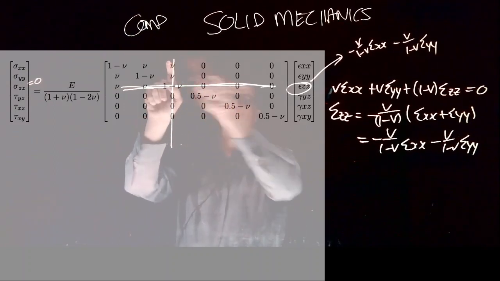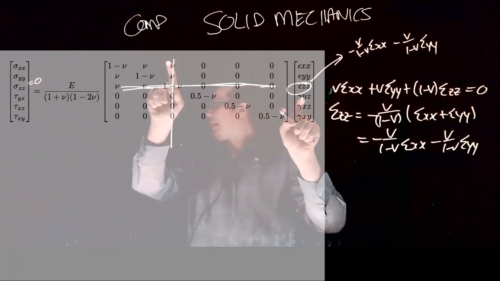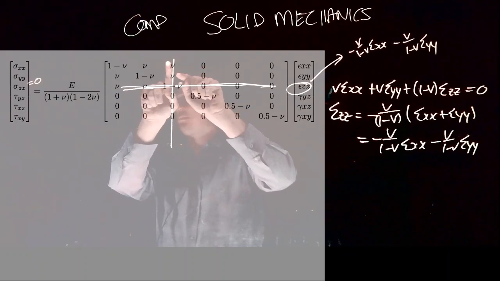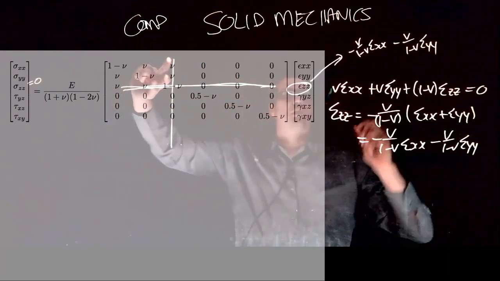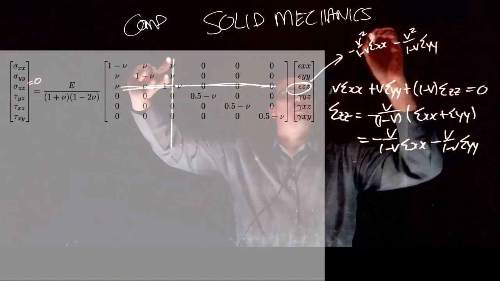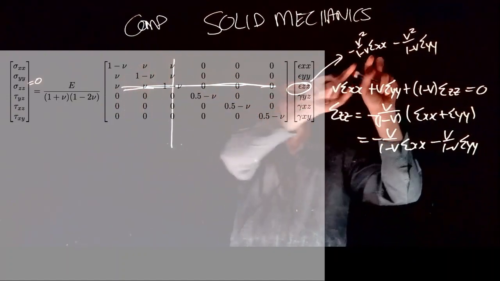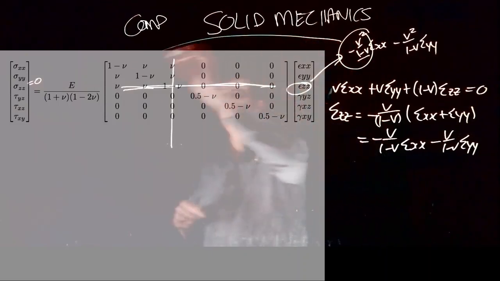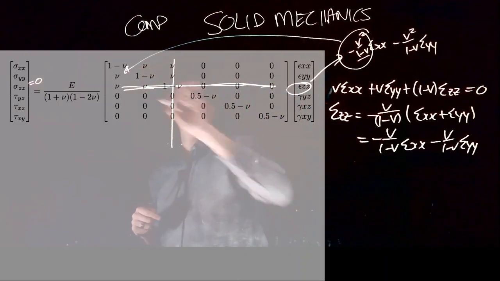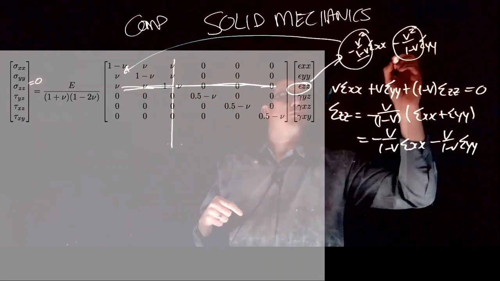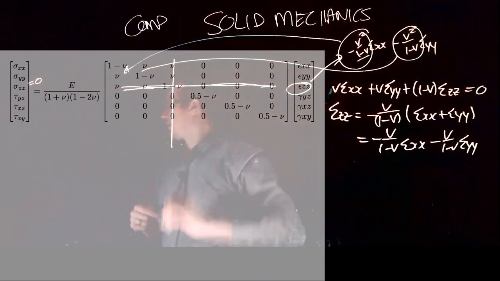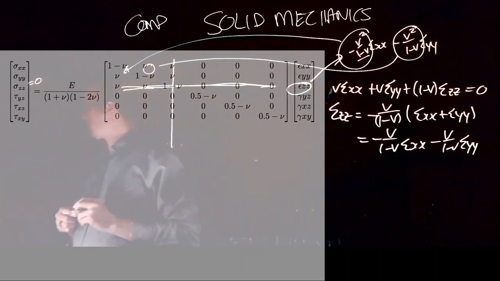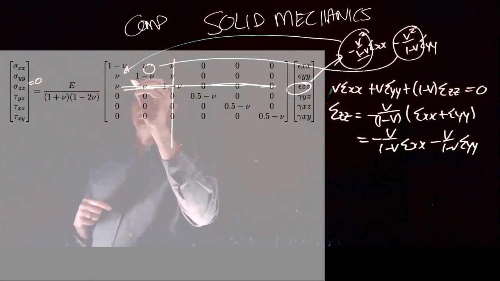This is the column that would have multiplied with epsilon zz, and I see that this one and this one multiply with the same thing, a Poisson ratio. So if I take a Poisson ratio squared and a Poisson ratio squared, and multiply the Poisson ratios with these terms, then the epsilon xx term needs to be summed here, and the epsilon yy term needs to be summed with the epsilon yy place where it would have gone in. And the same for the second expression.